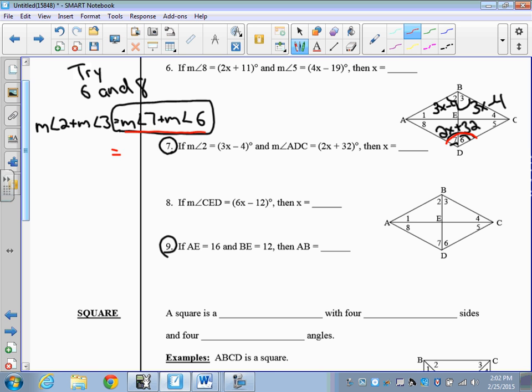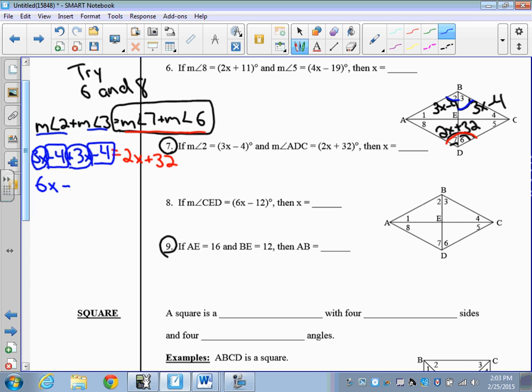So this is 2x plus 32. The other 2 angles are both 3x minus 4. So I have 3x minus 4 plus 3x minus 4. That's how we set this up. There's a lot of looking at pictures and analyzing them to see what we have going on.